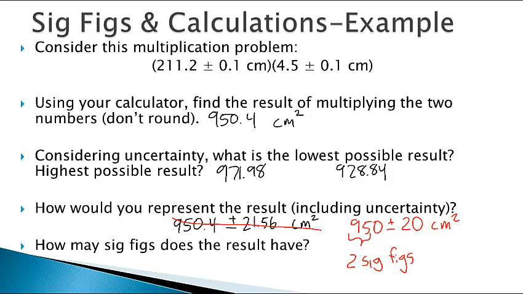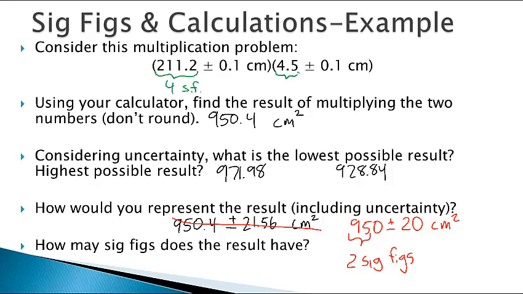We could go through and do a division problem and find the same thing, but what we're going to find every time is that if you consider the error bars and the number of sig figs in the numbers we started with, whichever number has fewer sig figs is the one that's going to limit our result. So if we look at the numbers we started with, 211.2, how many sig figs there? 4.